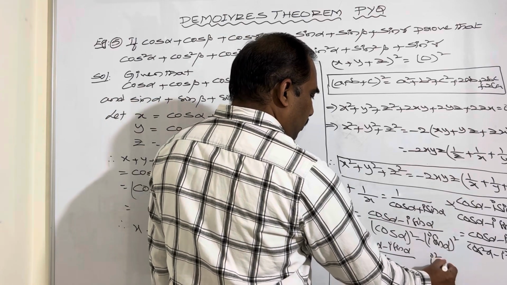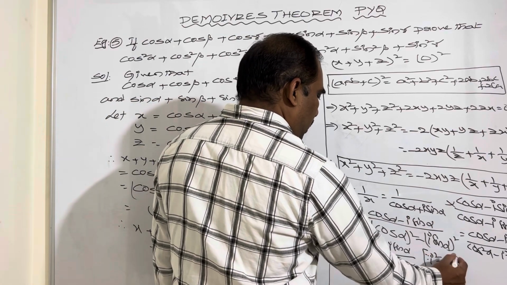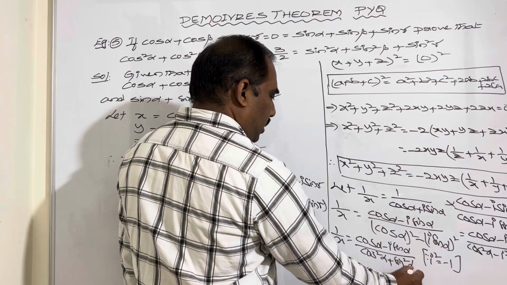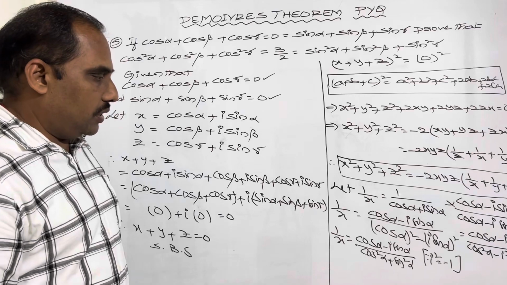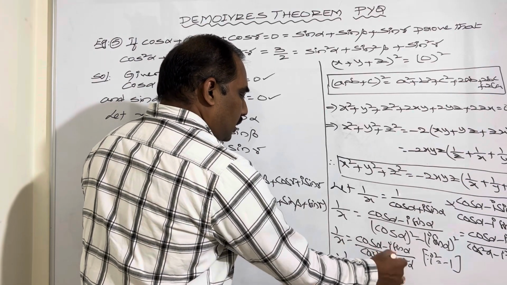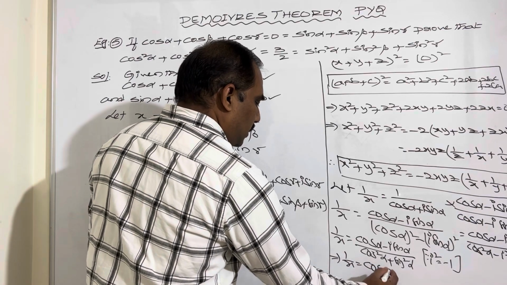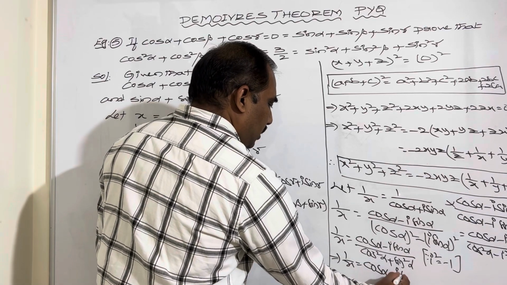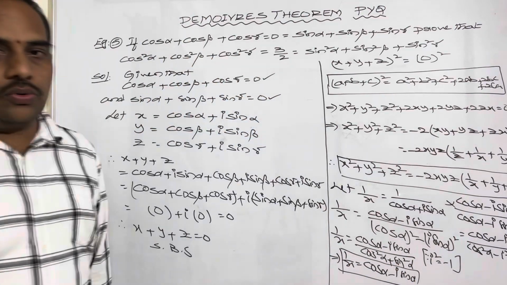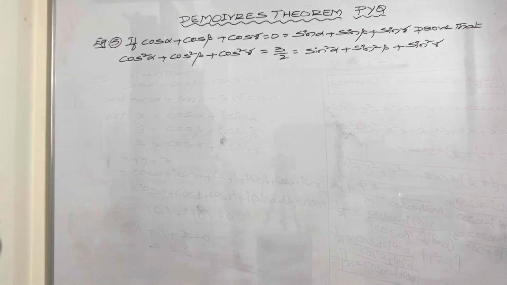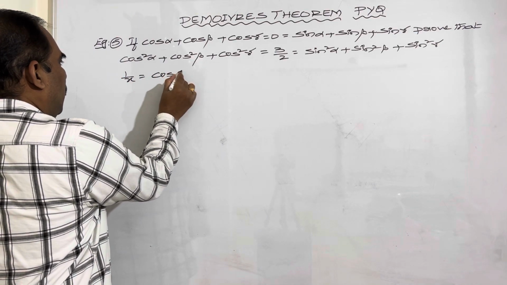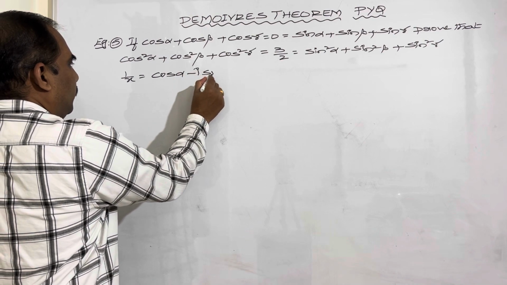We know I square is minus 1, so replacing I square by minus 1, this is nothing but cos square alpha plus sin square alpha, which is equal to 1. So 1 by x is equal to cos alpha minus I sin alpha.